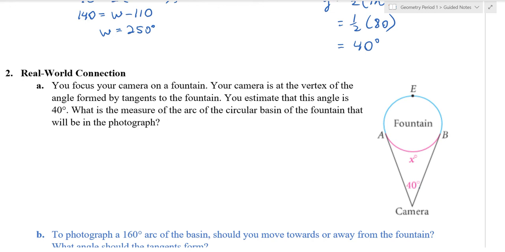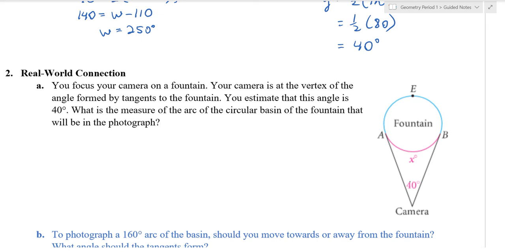So here's what we actually do. Notice now that there is no value for this arc over here, and the other arc, we have no idea what that is. We just know that this arc here is x, and the exterior angle is 40. So how do we do this particular problem? Well, we'll get there in a second.